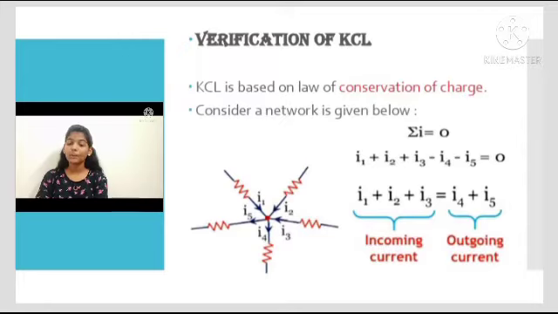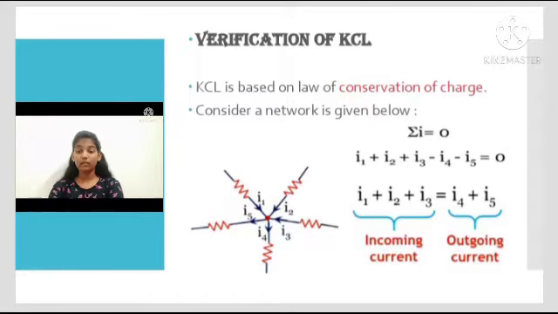So according to the KCL, the summation of all the currents at the junction must be 0. Therefore, we get this equation: I1 plus I2 plus I3 minus I4 minus I5 is equal to 0. Then transferring the negative values to the RHS, we get I1 plus I2 plus I3 is equal to I4 plus I5.